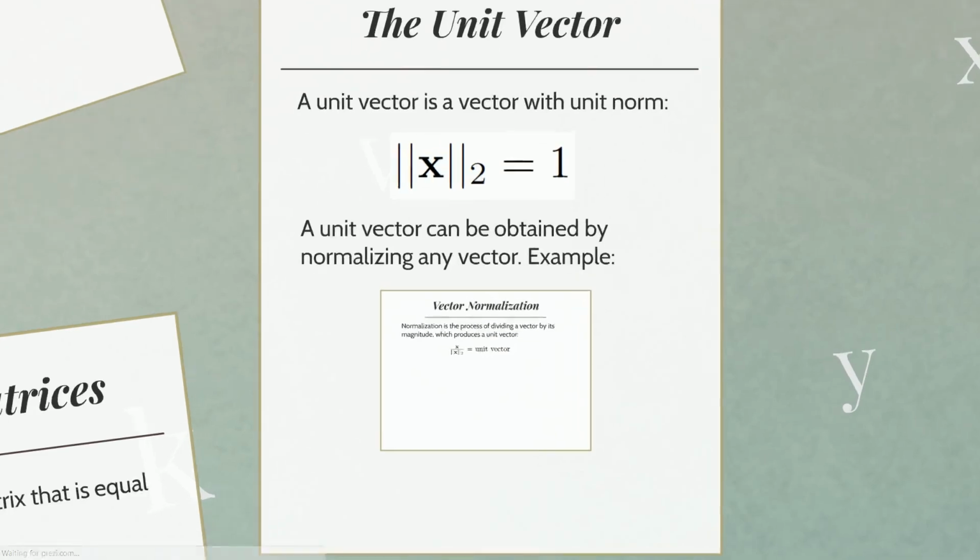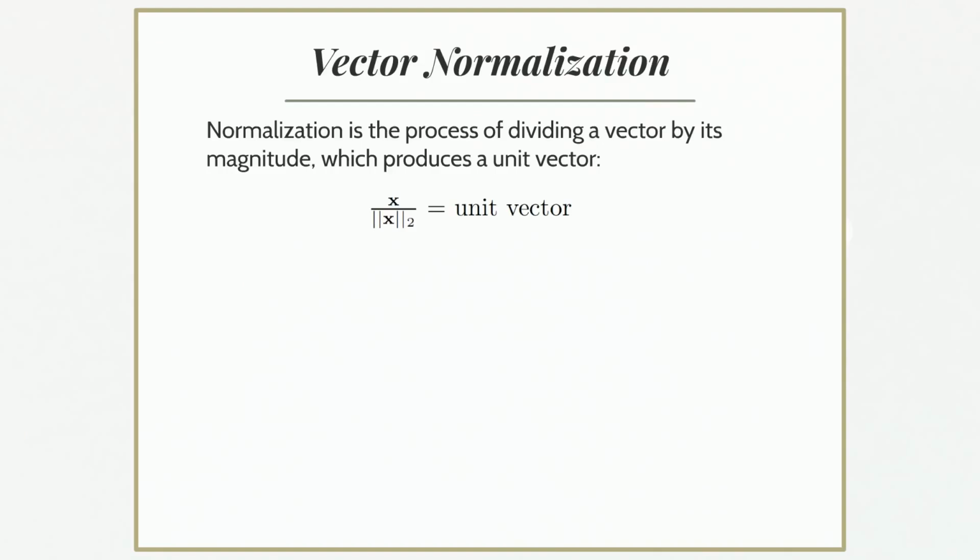So let's talk a little bit about that process. Normalization is the process of dividing a vector by its magnitude, which produces a unit vector. So we mentioned in the previous lecture that the norm of a vector or matrix, the L2 norm specifically, is going to be the magnitude of that vector. So when we divide by that magnitude, we are going to produce a unit vector.